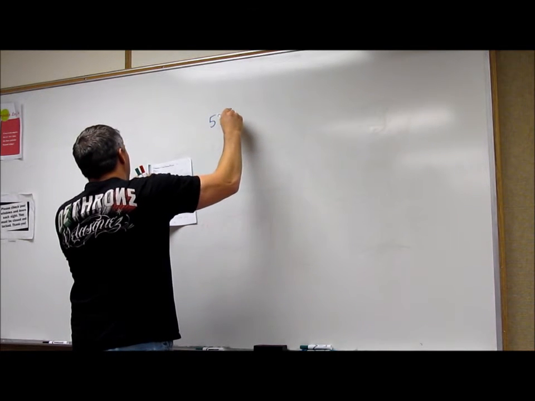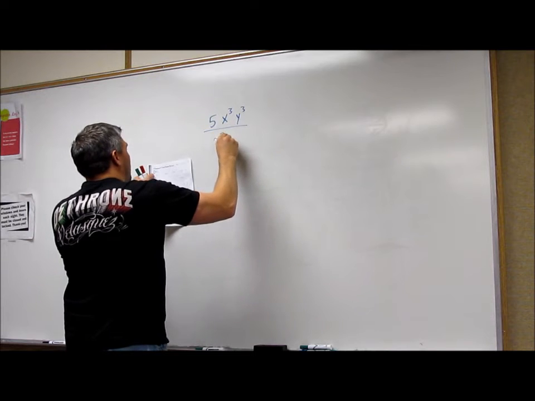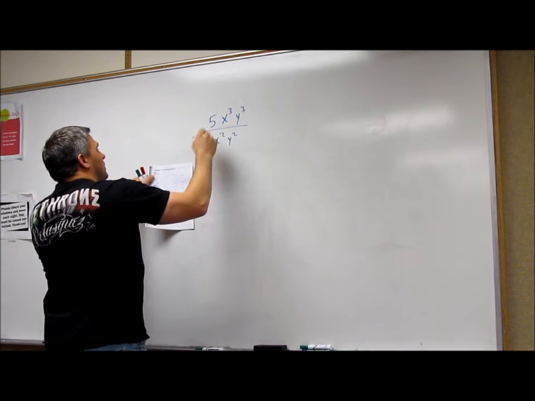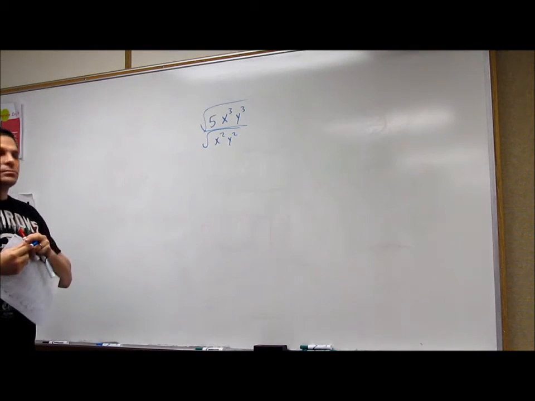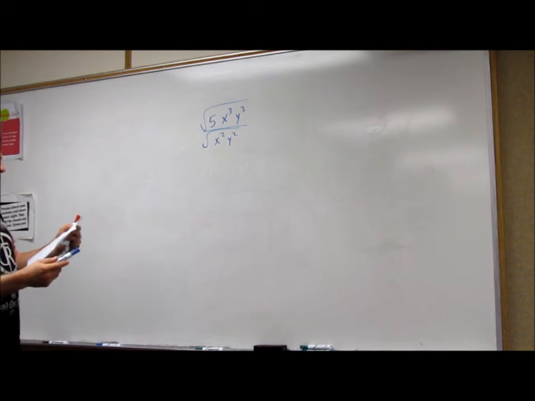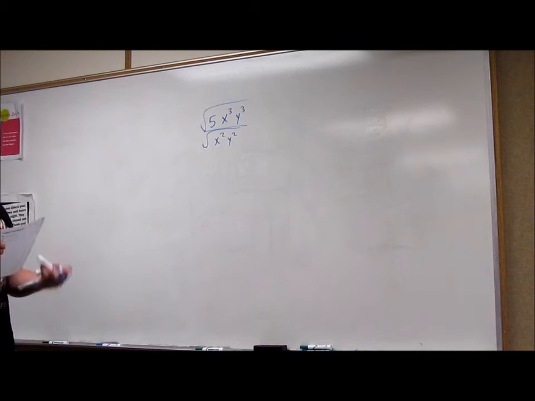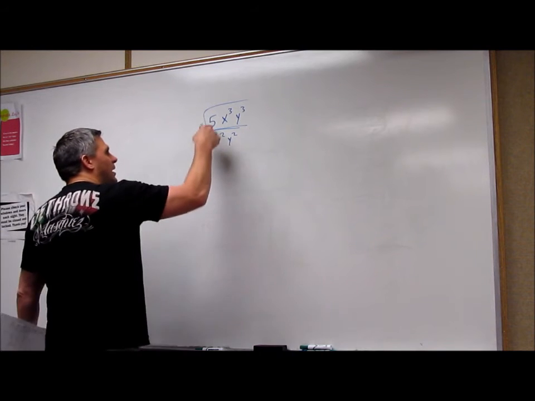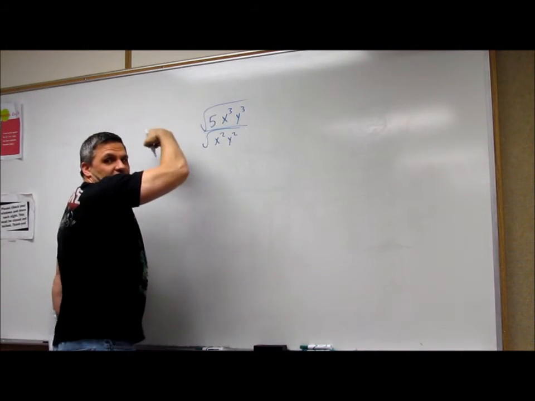5x cubed, y cubed over x squared, y squared. Square rooted, okay? So, wow, this one's really easy, right? We see the answer already. Okay, I can't pull a 5 out, but I can pull 2 x's for 1 x outside, right?